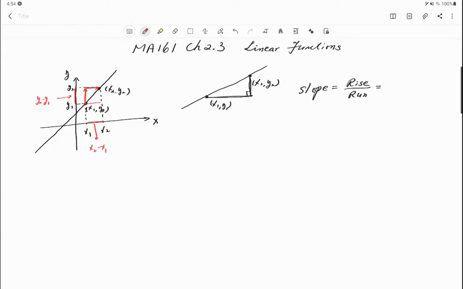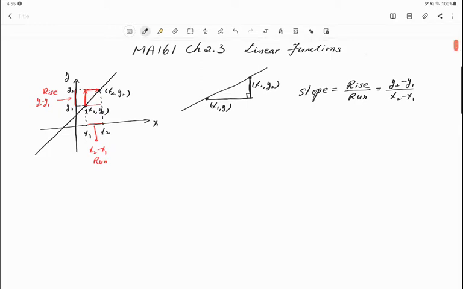So this is the rise, and this part is the run. We can write the slope as y2 minus y1 over x2 minus x1.